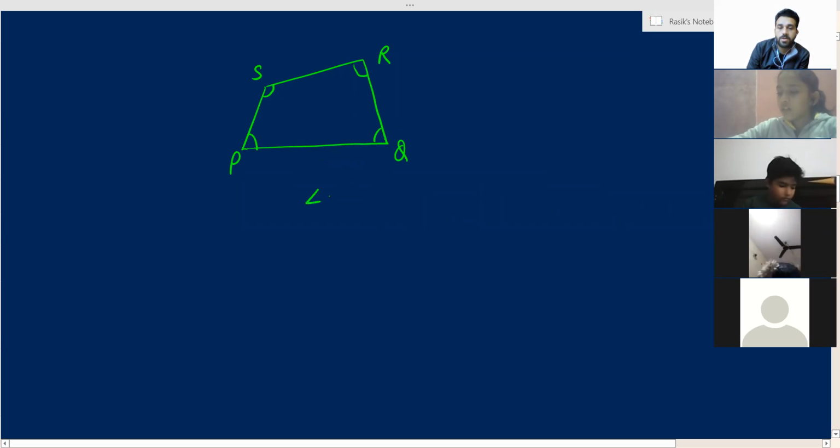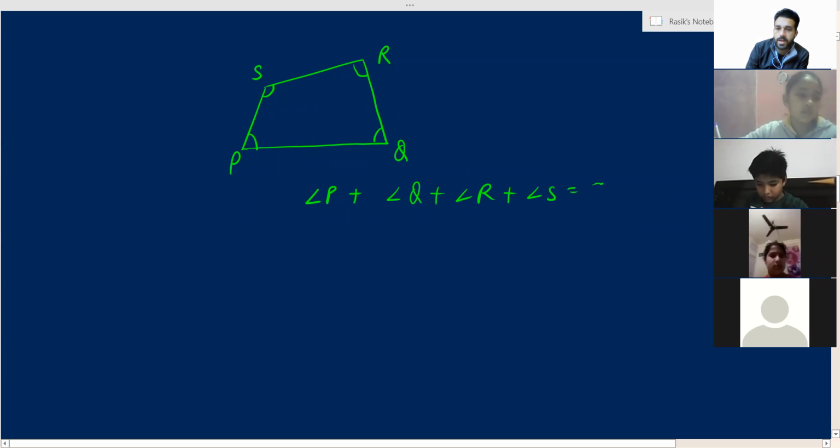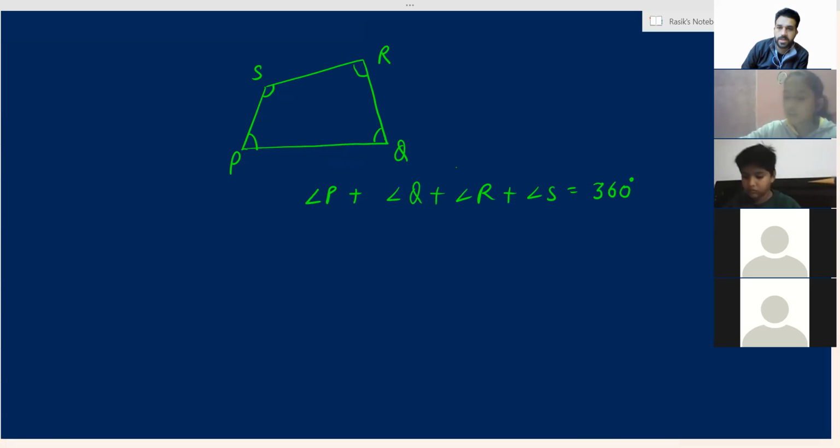But when you add all the 4 angles, in any type of quadrilateral, angle P plus angle Q plus angle R plus angle S, the sum will always be 360 degrees. This is known as the angle sum property of quadrilaterals. Is the property clear?